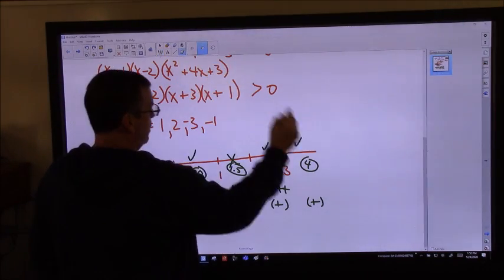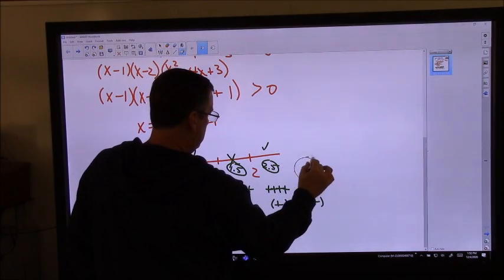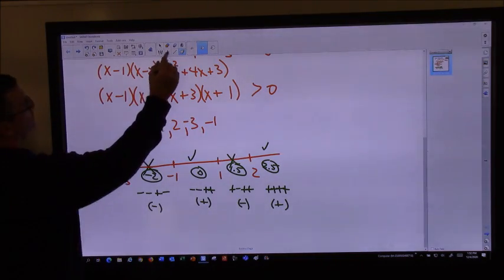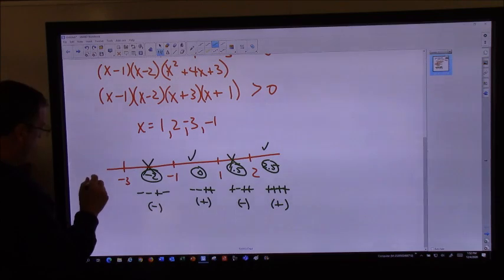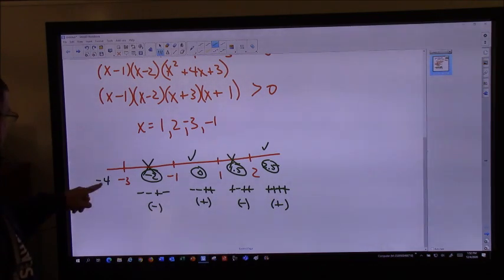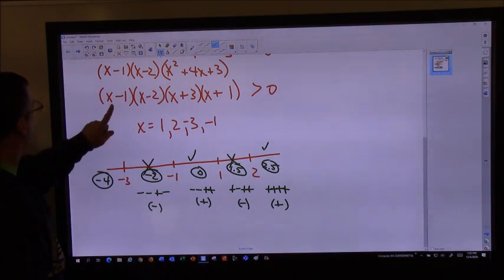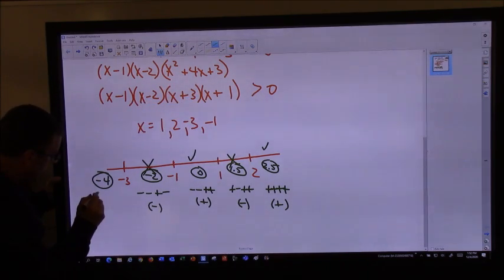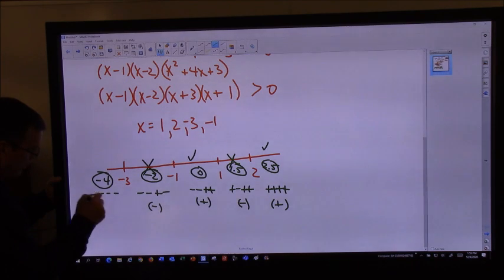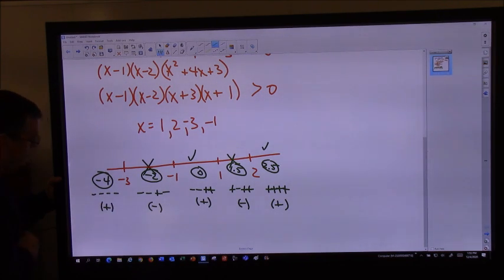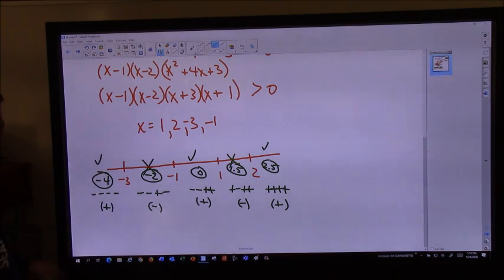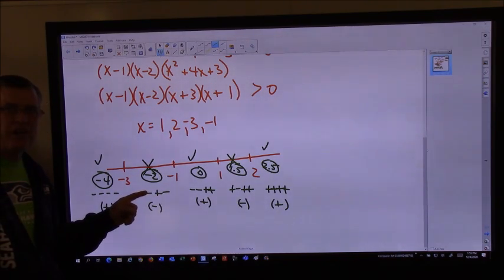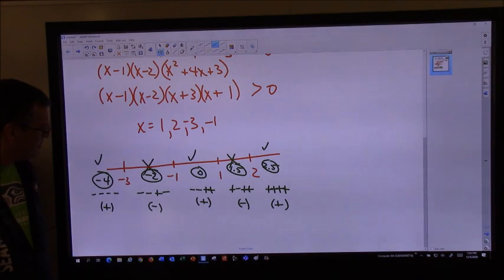So I can go back and erase that. And now I need to check this interval. So if I would have tried a negative 4, I would get negative number here, negative number, negative number, negative number. And overall that's 4 negative signs, which means that's positive, and that works. You know, when I didn't get all negatives here, I thought something was wrong. I probably should have stopped and thought about this, but I didn't.